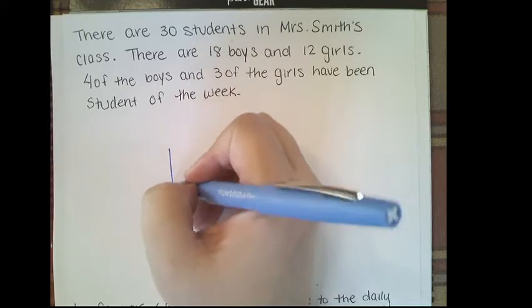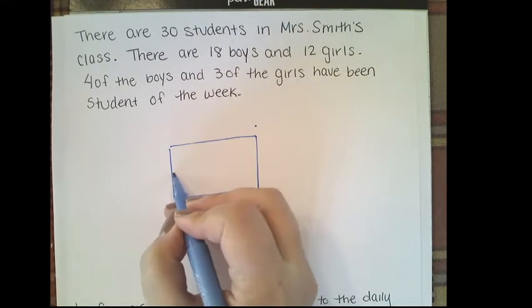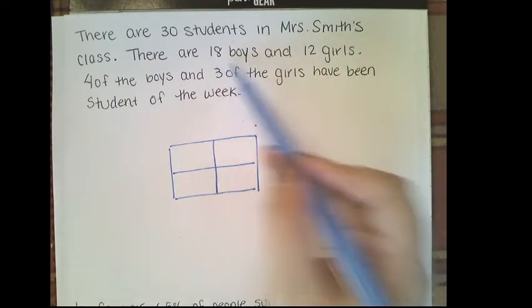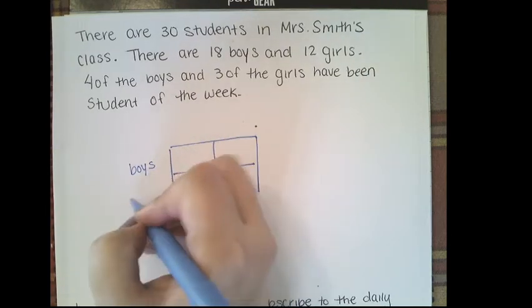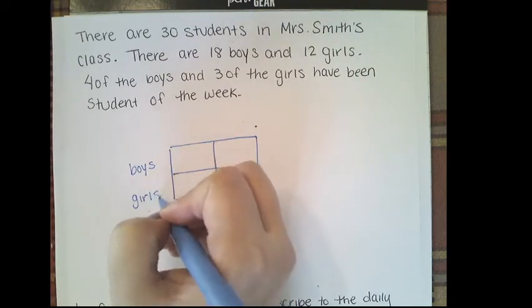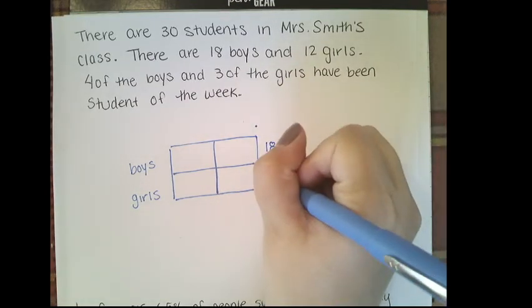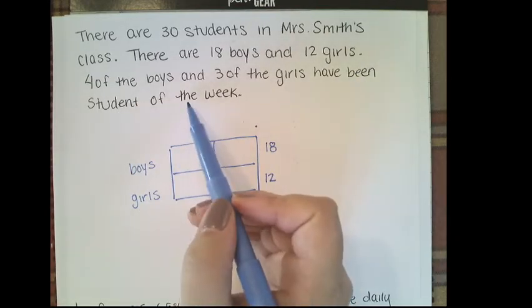So the very first thing to look for is what are the two topics. One of the topics is gender, boys and girls. So we have 18 boys and 12 girls. The other topic is Student of the Week.